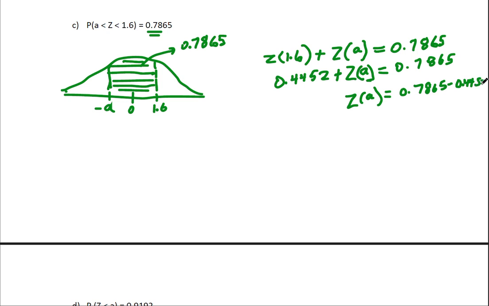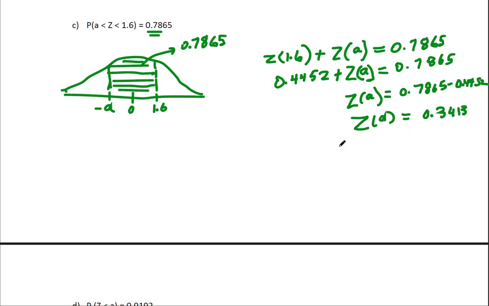So z of A is going to give us, we need to now just subtract 0.4452 from 0.7865. 0.7865 take away 0.4452, and that gives us 0.3413.